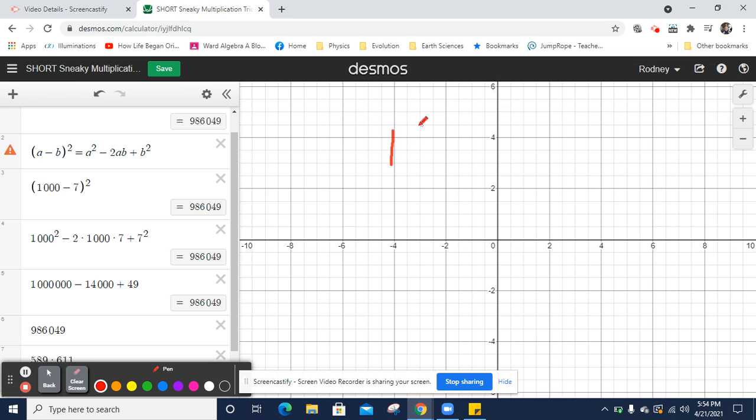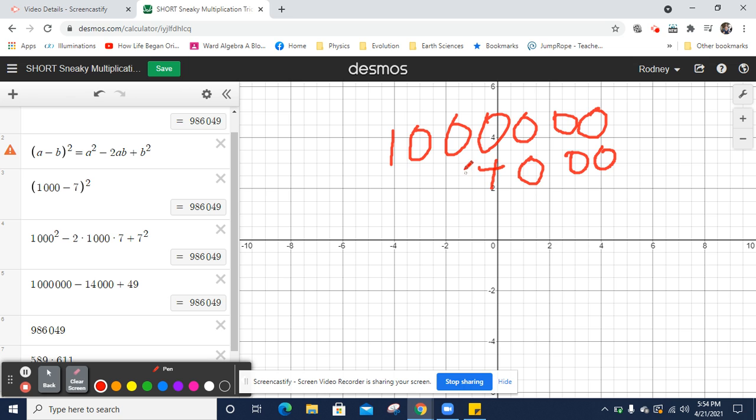This would be a little easier to see if I did it vertically, so I will quickly do that here. So this is going to be 1,000,000, like this. I'm going to be subtracting 14,000 from that. Get my zeros in for 14,000 and a 4 and a 1. So I'm subtracting that. So there's the zeros that I get for that. And that's going to be a 6. And that's going to be 9 minus 1, which will be an 8.